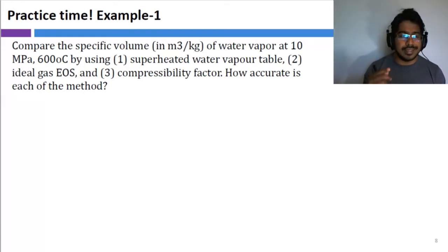Now you are going to find the same property using the three ways that we identified, so we can see what are the best ways to do this. Okay, take about 5 minutes and try to solve this question.